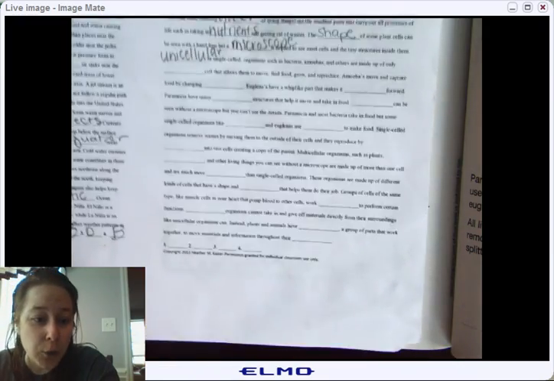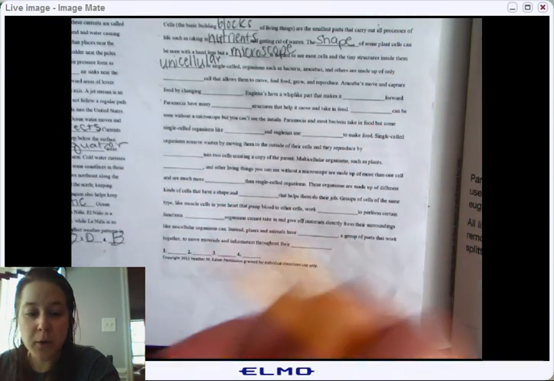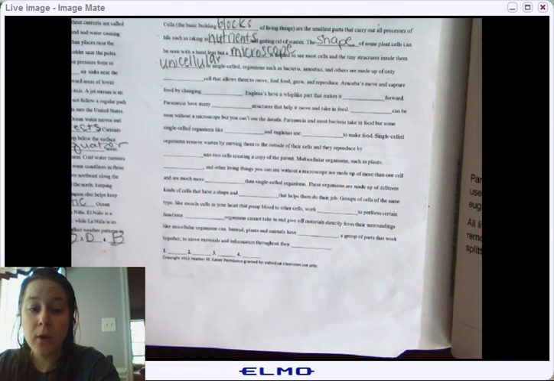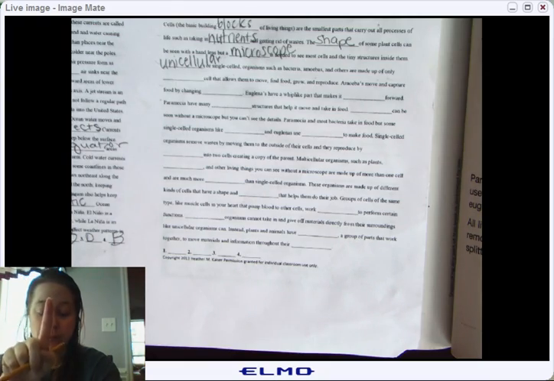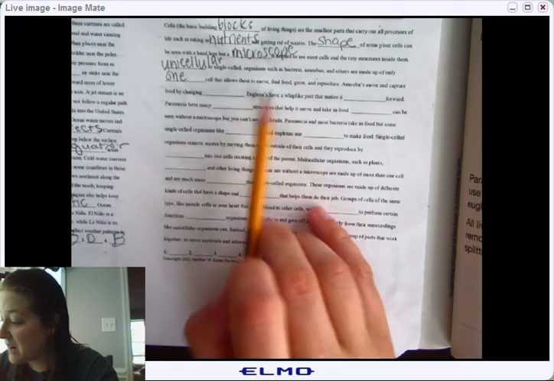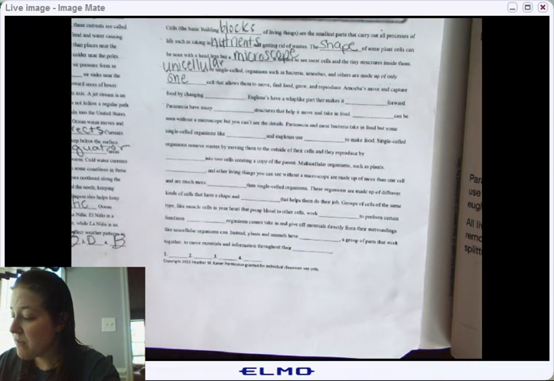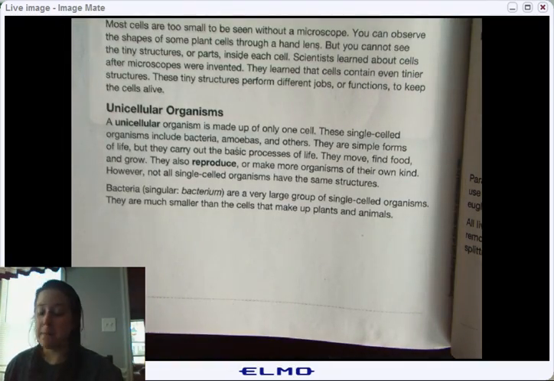How many? Uni. It's like Uno. And when you call Uno, how many cards do you have? One, right? So one cell that allows them to move, find food, grow, and reproduce. Amoebas move and capture food by changing shape. So we have not gotten to more about amoebas here.